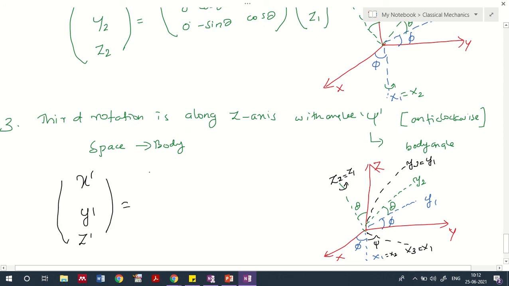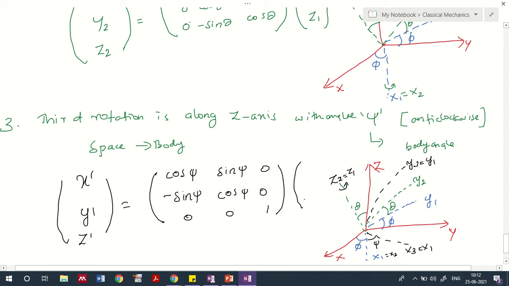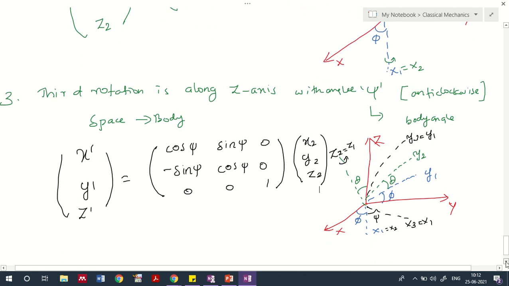The operation we have executed is cos phi, sin phi, 0, minus sin phi, cos phi, 0, and 0 0 1, which is the corresponding transformation matrix. By transforming x2, y2 and z2, we reach the body set of coordinates by this rotation transformation matrix.